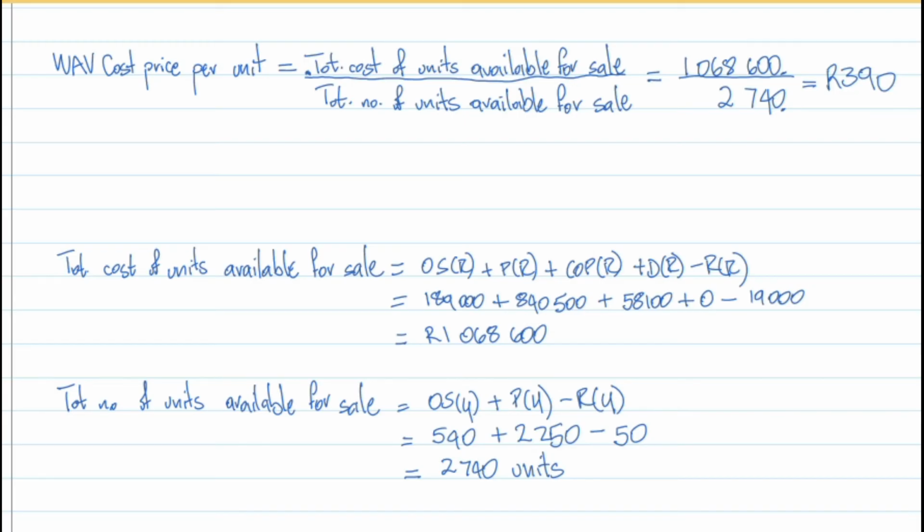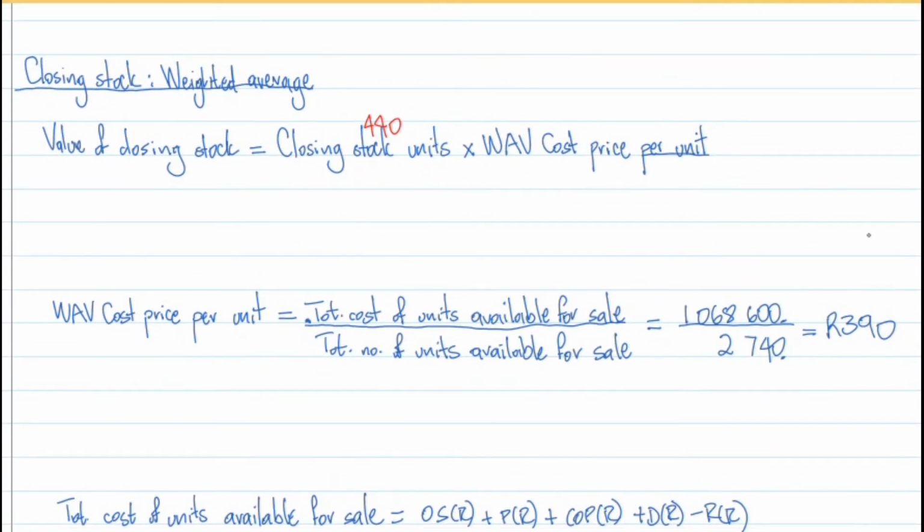So the value of closing stock under the weighted average method is going to be 440 units of closing stock multiplied by 390 rands, which is the cost per unit under the weighted average method, and this gives us 171,600 rands.